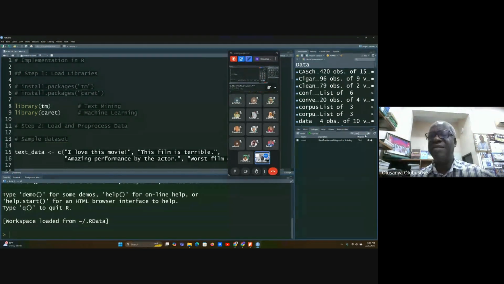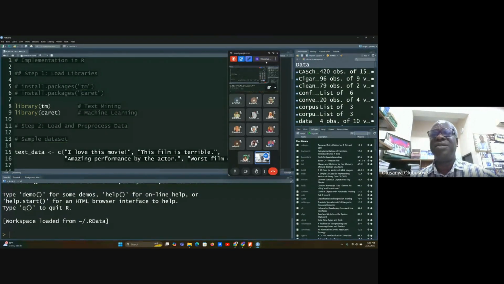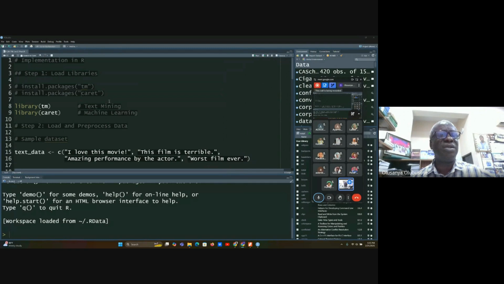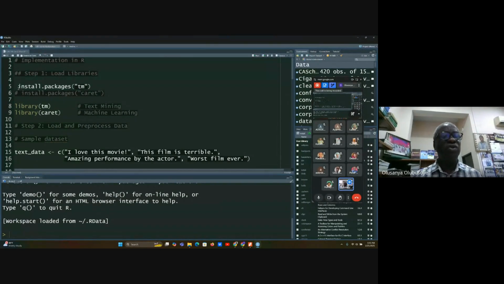Those are the two major packages you need to install. If you have not installed them, you need to remove this hash so that you can run that. If you have it already, then you don't need to remove the hash.